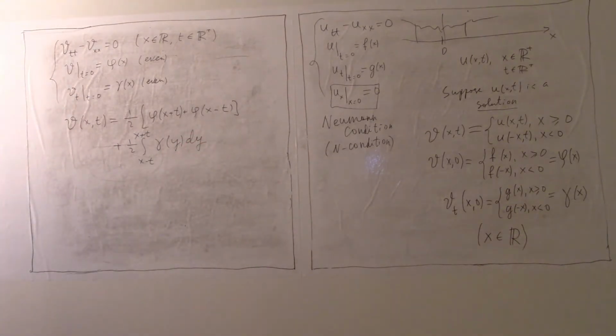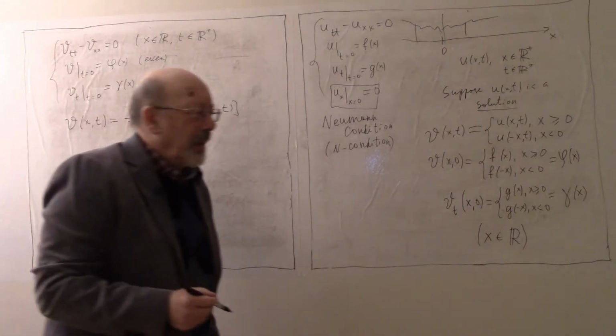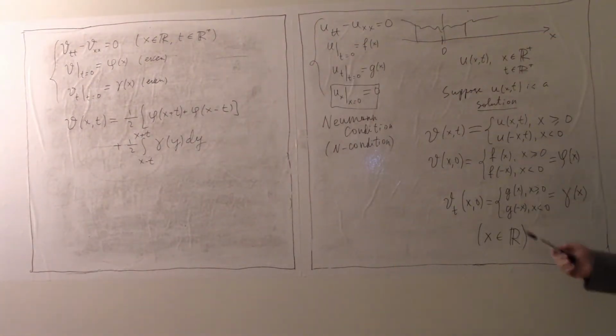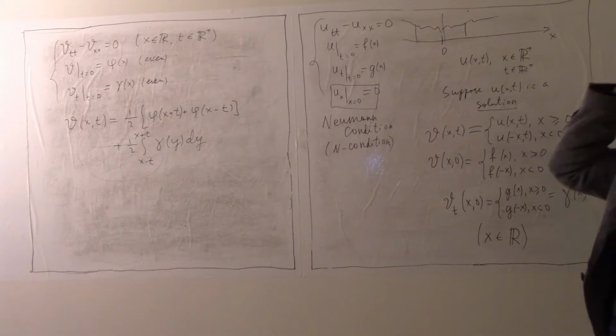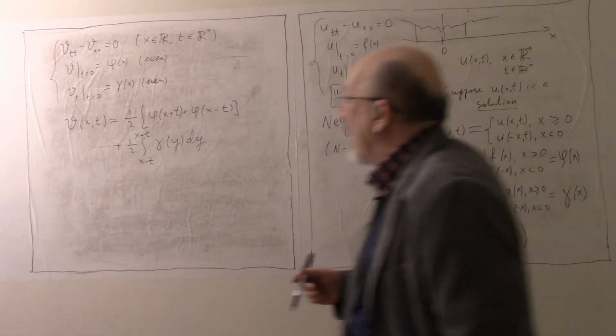The same formula. Simply I used this notation phi and gamma instead of f and g because f and g are defined on the half line and phi and gamma are defined on the whole line.